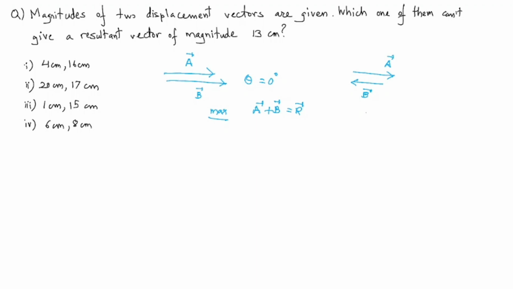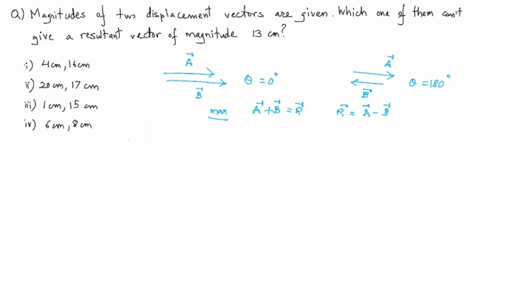So actually the resultant is a vector minus b vector. In this case theta is 180 degrees. So the question is, which two vectors among the four given can give a resultant of magnitude 13 cm?